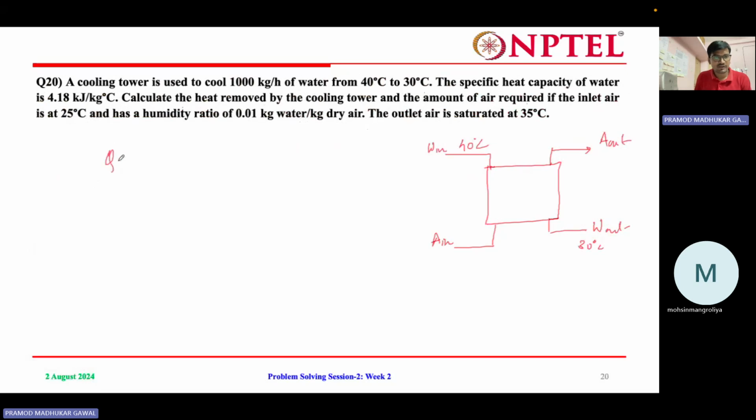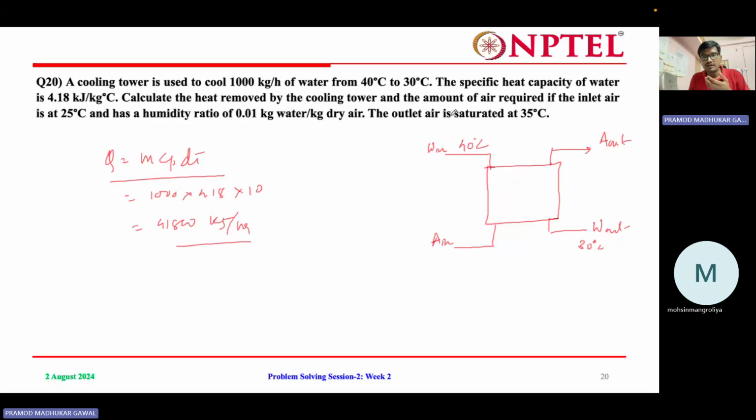You can calculate the heat removed with the help of the equation Q equals M Cp delta T. So first calculate this one. M is given as 1000, Cp 4.18, into the temperature difference of 10. So Q is 41,800 kilojoule per hour, right? That's the heat removed from this cooling tower.